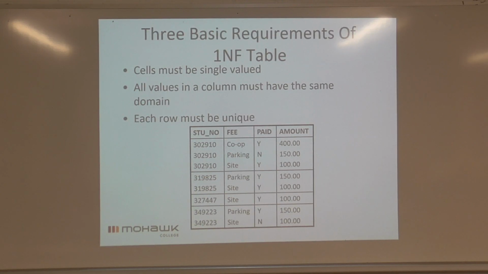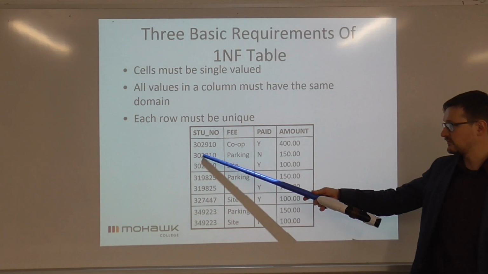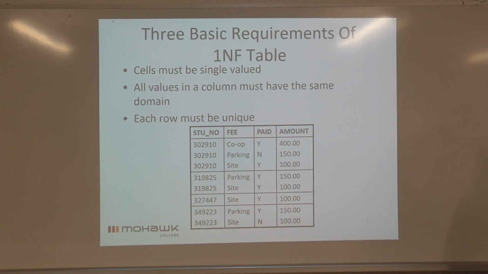Anyway, so recall the basic requirements of the first normal form. Cells must be single valued. That is, you're not permitted to have blank spaces. All values in a column must have the same domain, and each row must be unique.